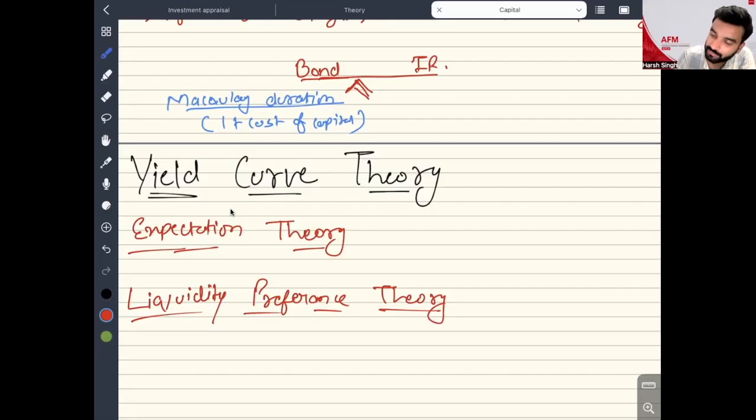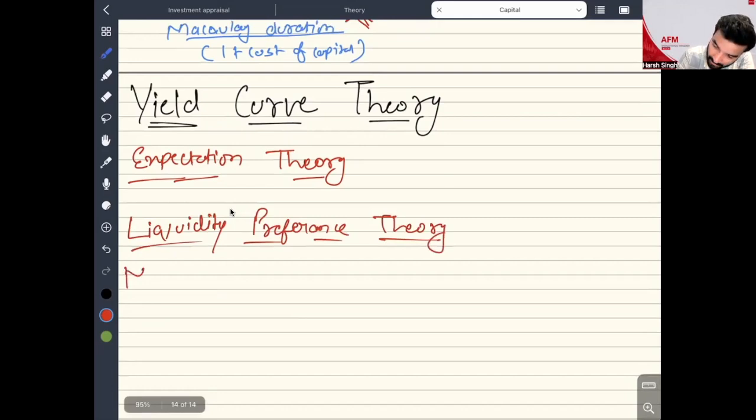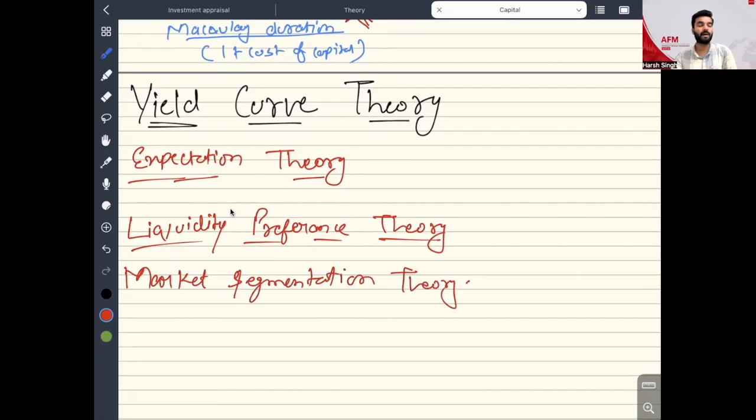Then we have market segmentation theory. Now, as per market segmentation theory, at different intervals of borrowing, different groups of people are sitting.